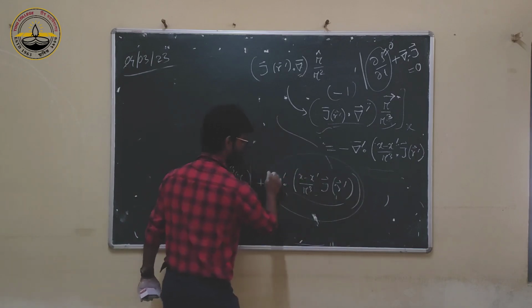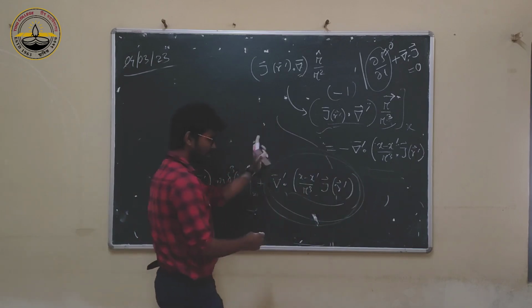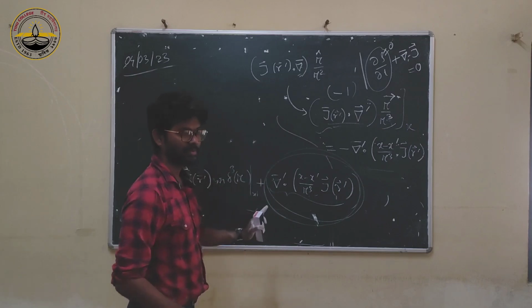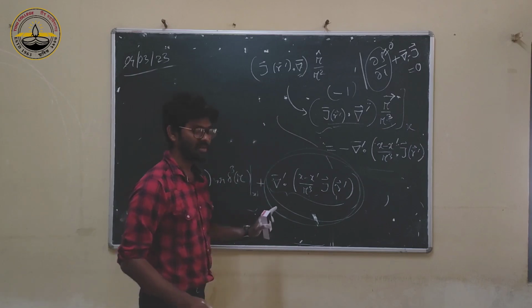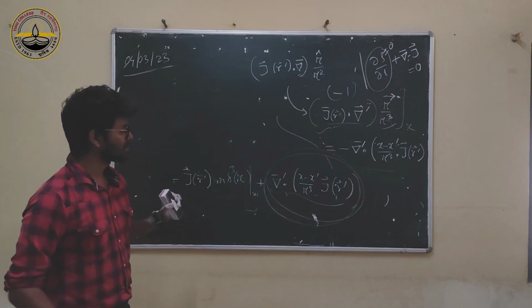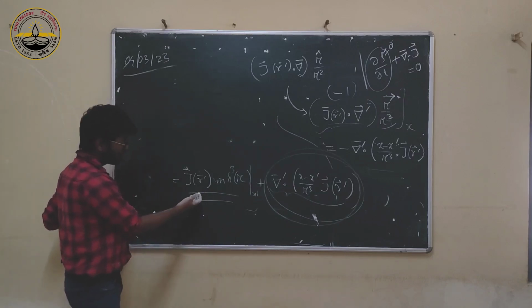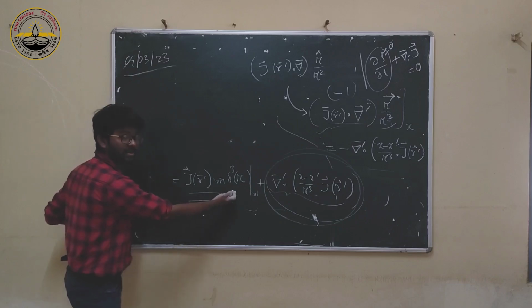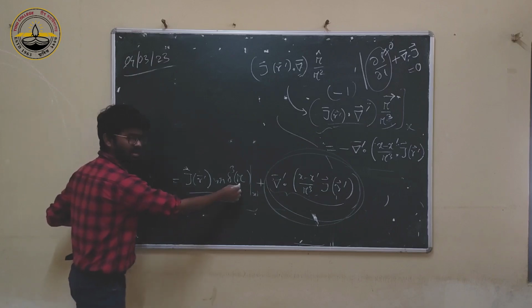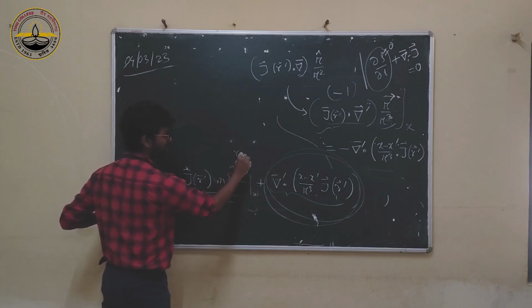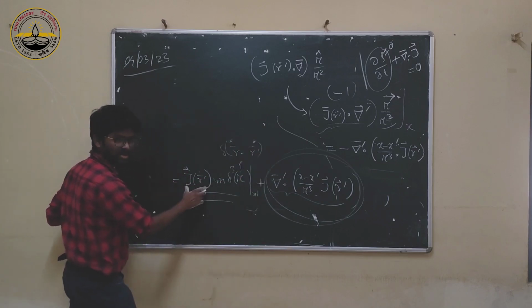This thing, I will show you later, when integrated becomes 0. Okay. This thing when integrated becomes 0. And only this term will survive. And you know the integration of this thing, it's a delta function. So when r, what is r? r minus r prime. So delta of this times a function.